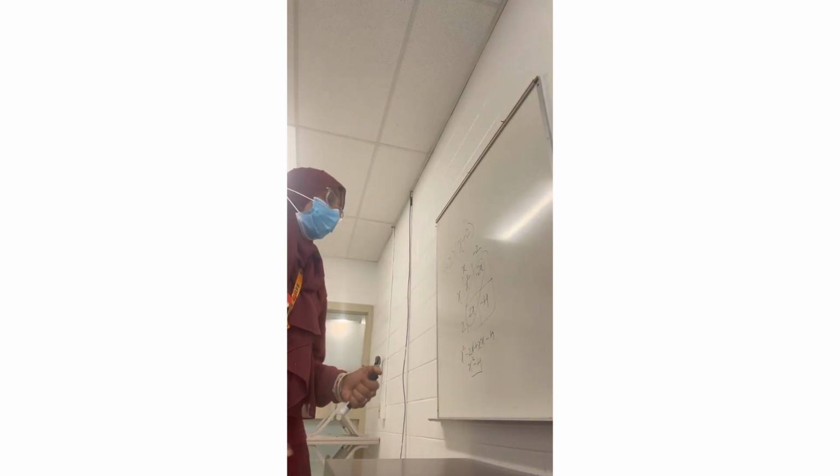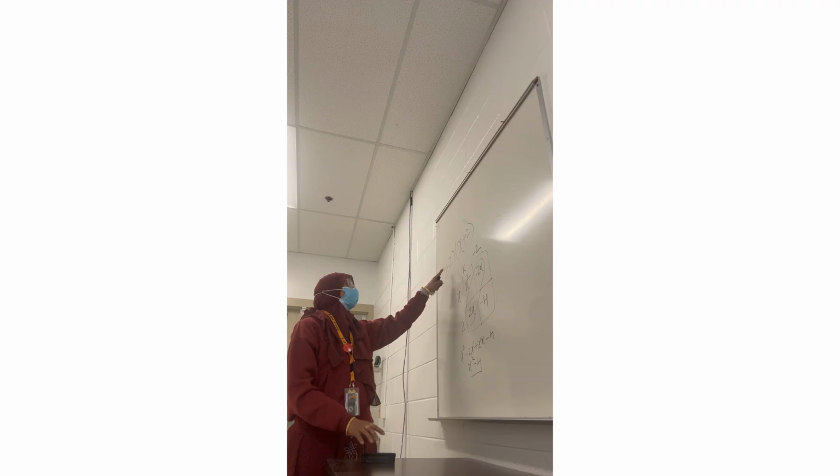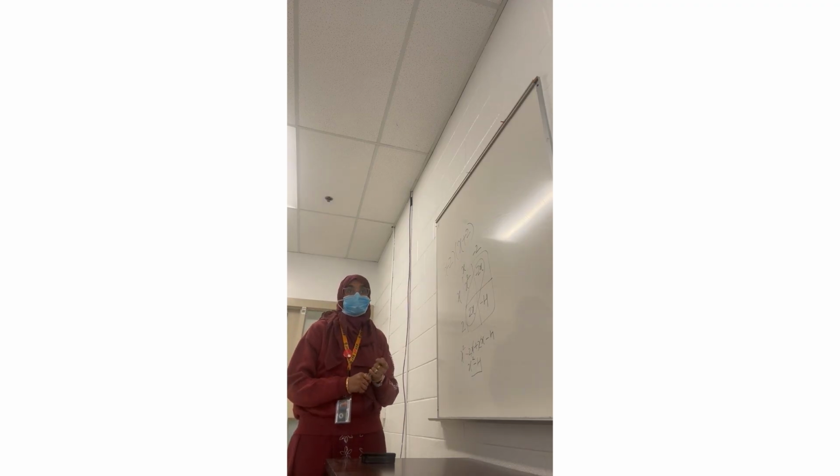Hello everyone, here we are doing the box method with (x − 2)(x + 2). What are the values here?